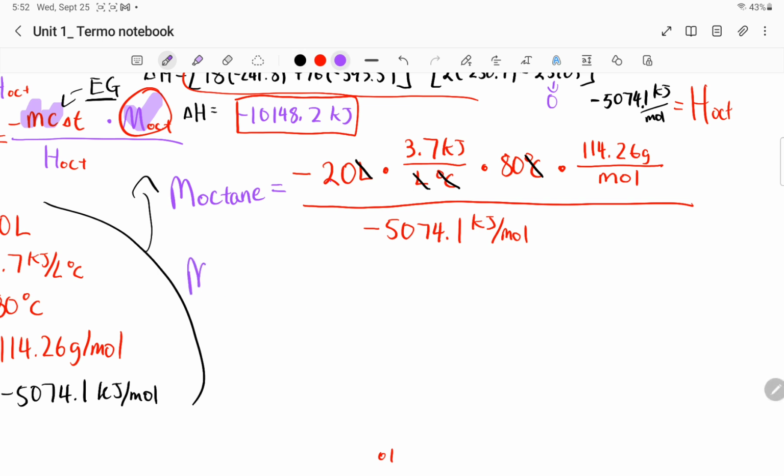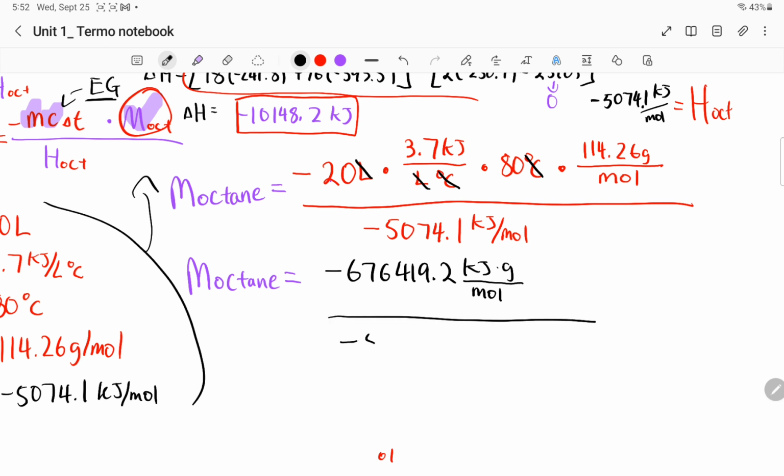So my mass of octane is going to be equal to negative 676419.2, and I have kilojoule, gram, all over mole. Those do not cancel out yet.